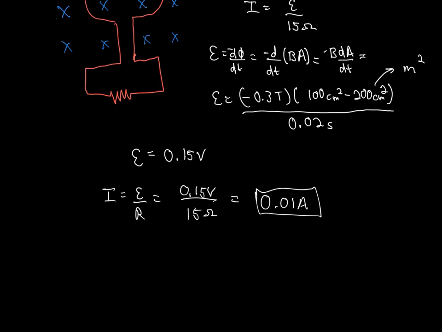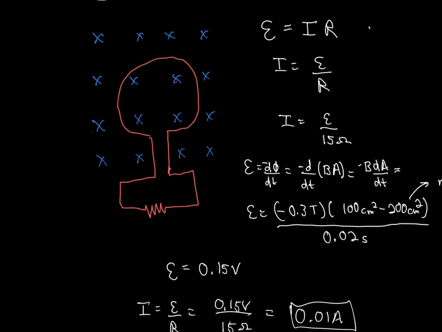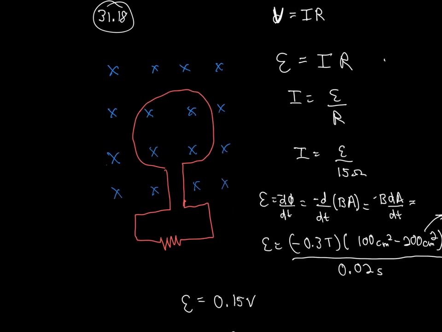Okay. It also wants to know what is the direction that this current is going to flow. So I'm taking this wire loop and I'm decreasing its size. It's going to get smaller. So what happens to the magnetic field inside of that loop?